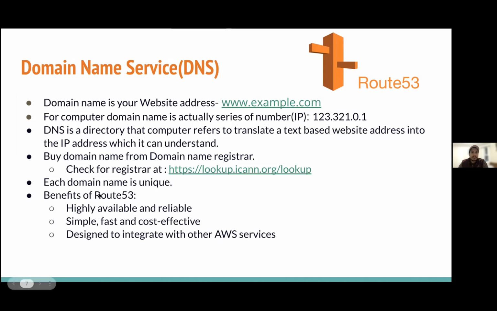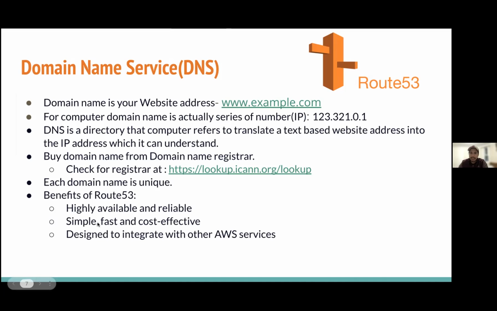And then there are different benefits of using Route 53. Because it's on the AWS infrastructure, it is going to be highly available and reliable. You can completely rely on this, there are 99% chances it won't go down.